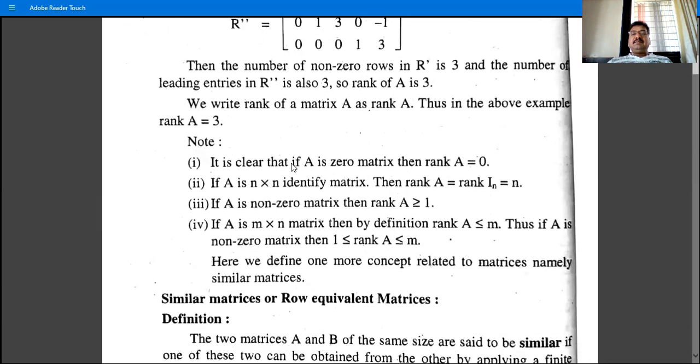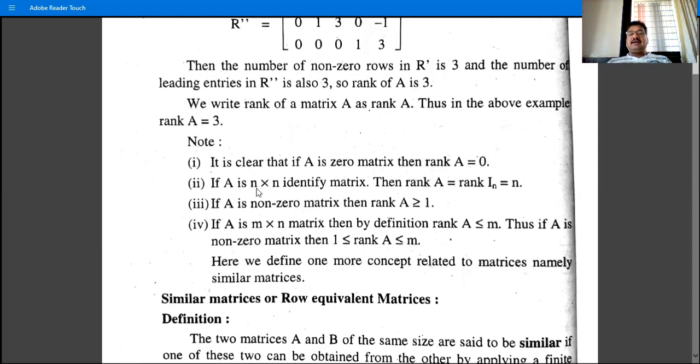If A is the zero matrix, then rank of A is 0. If A is an identity matrix of order n by n, for example, what is the identity matrix of order 3? A is the 3 by 3 identity matrix: 1, 0, 0, 0, 1, 0, and 0, 0, 1. If A is of order 2, then the identity matrix of order 2 is 1, 0, 0, 1.